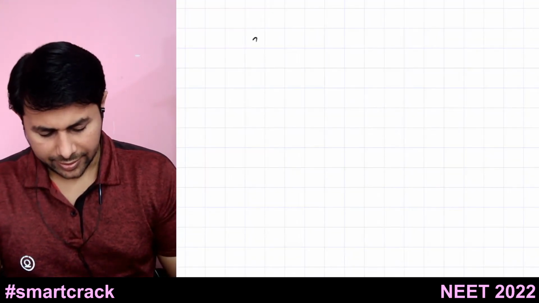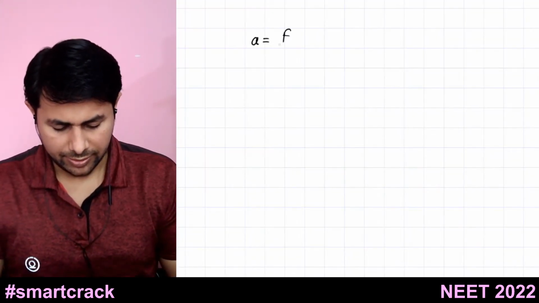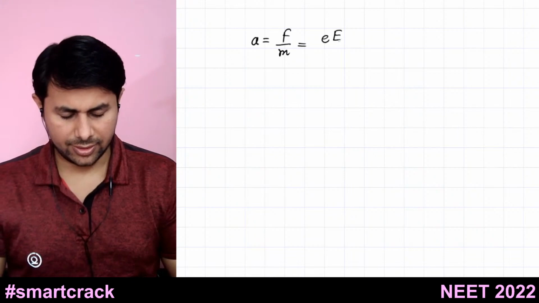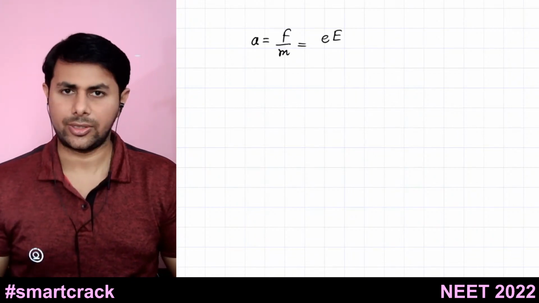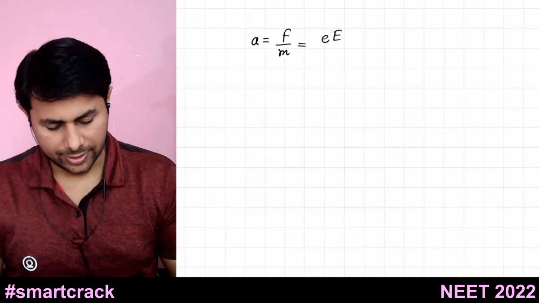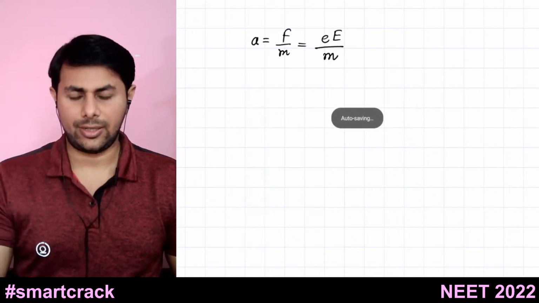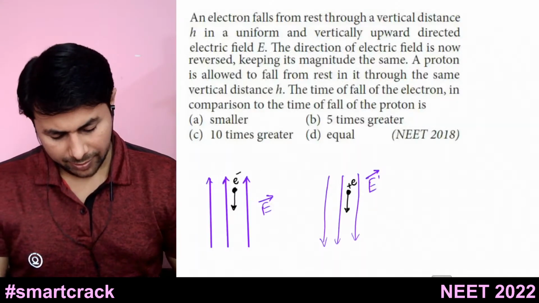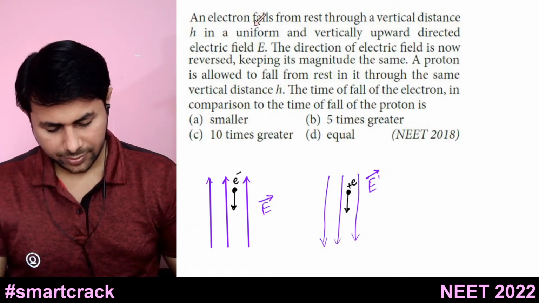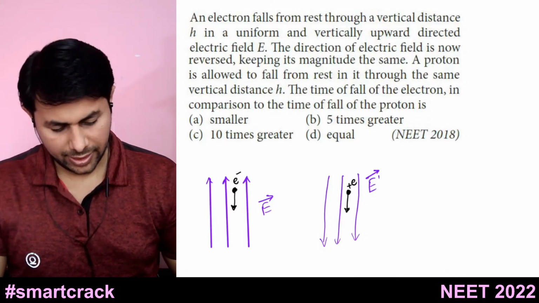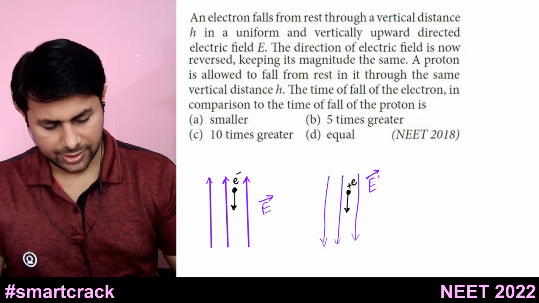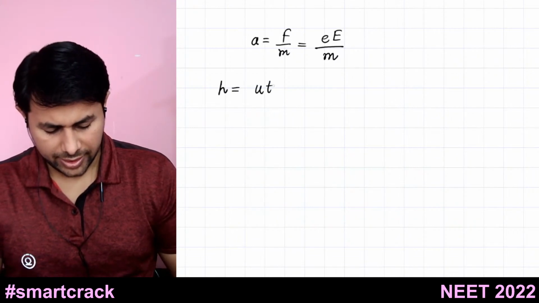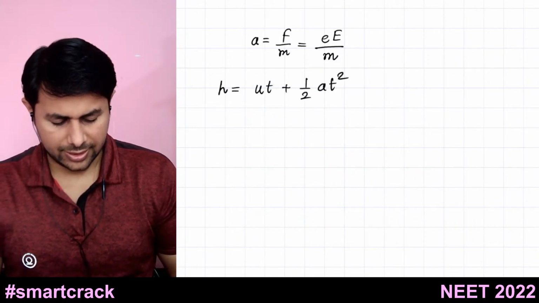So what is acceleration? It is force divided by mass, because force is mass into acceleration. So force is E times e. The force on electron and force on proton is equal because the charge on them is equal. So eE is the force and if m is the mass, then acceleration will be eE upon m. If they are starting from rest, then for this distance, the displacement h, it is equal to ut plus half at square, our formula.